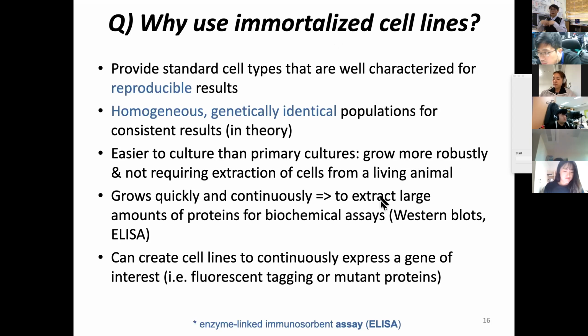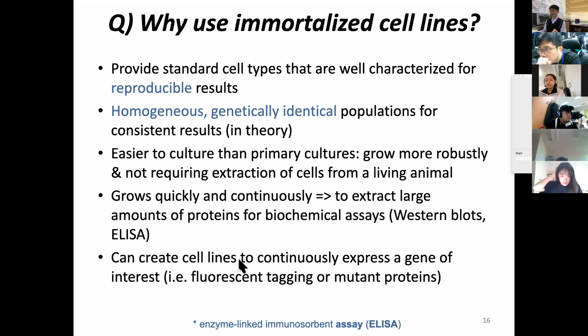So in some types of study, you have to extract a large amount of protein for biochemical assays, such as finding out the amount of protein by Western blot, or with an antibody assay, you do need a lot of protein, which this can provide because it keeps growing. While with primary cells, you can collect only tiny amounts. So sometimes you have to use many animals to have enough cells for your study.